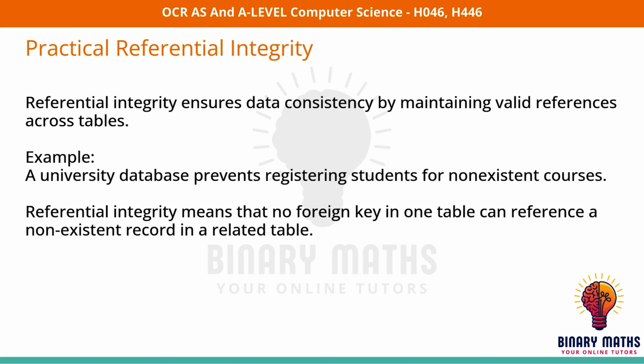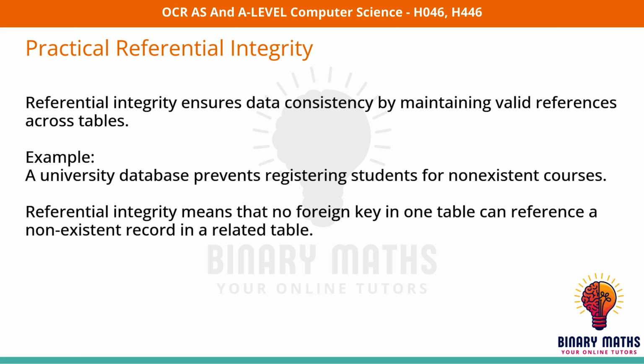Let's dive a bit deeper into referential integrity because it's such an important concept. Referential integrity ensures that the relationships between tables remain consistent, preventing you from creating invalid references between tables.